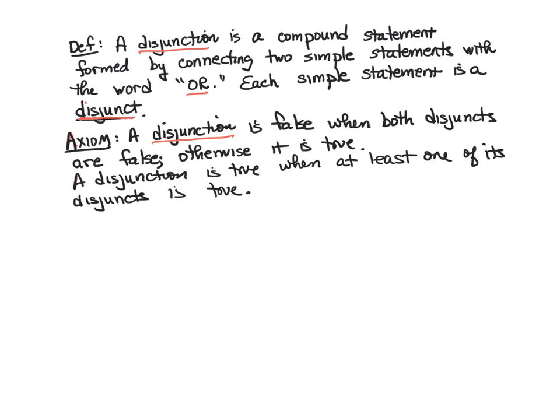All right, now we have the truth table for disjunction. So let's summarize this axiom with a truth table.